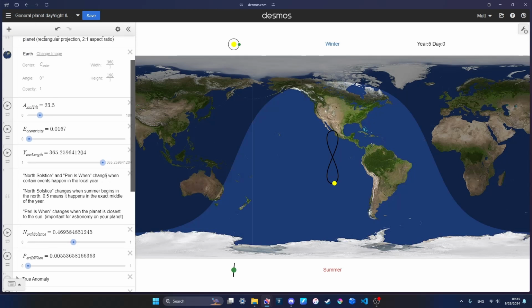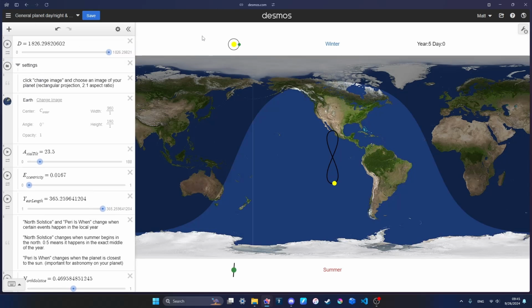As you can see, it is the very beginning of a year. But the day, as shown by this white line, because this is where the prime meridian is, it's not daytime. It's not at the edge of the map like it was before. It's now here. So this is a much more accurate version.